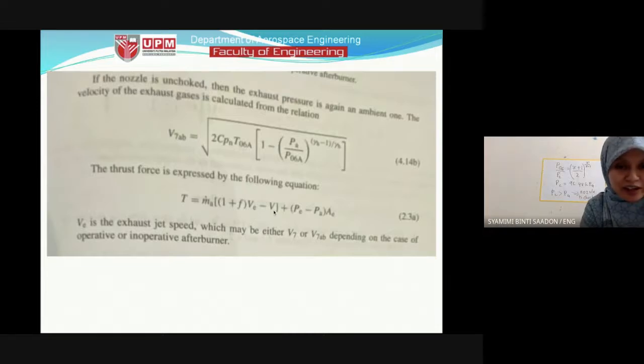PE is the exit pressure, PA is the ambient pressure, and AE is given. So we want to use this one to calculate the thrust force. We need to calculate the mass flow rate first, and V7, VE, and the exit pressure.